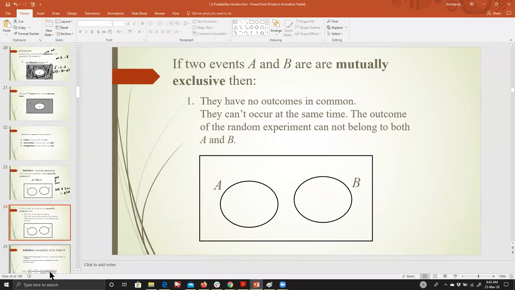So if two events A and B are mutually exclusive, then they have no outcomes in common. It means they cannot occur at the same time. The outcome of a random experiment cannot belong to both A and B. There is no element which is common to both A and B, which you can see very clearly in the Venn diagram here as well, that they just do not intersect.